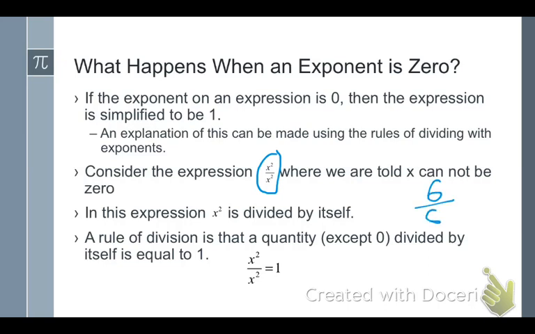So you learned that 6 divided by 6, for instance, is 1. A number divided by itself is 1. Well, variables divided by themselves are also 1 as long as the variable's value cannot be 0. So x squared divided by itself gives me a 1. That is true. So any other way I come up with evaluating x squared over x squared, it has to result in a 1.